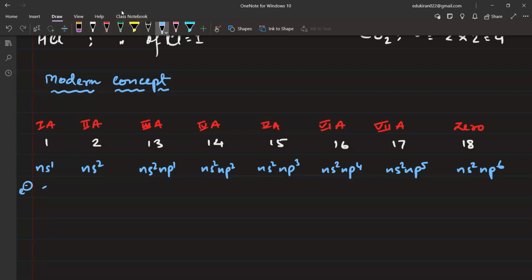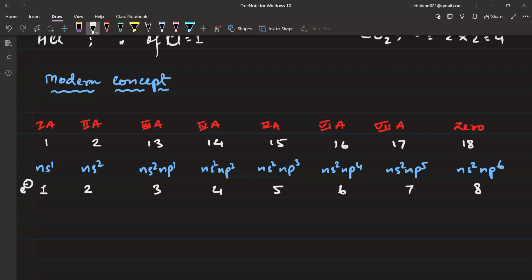Now, if I talk about the number of valence electrons, here we have 1 electron, here we have 2 electrons, then 3, 4, 5, 6, 7, and 8 valence electrons.